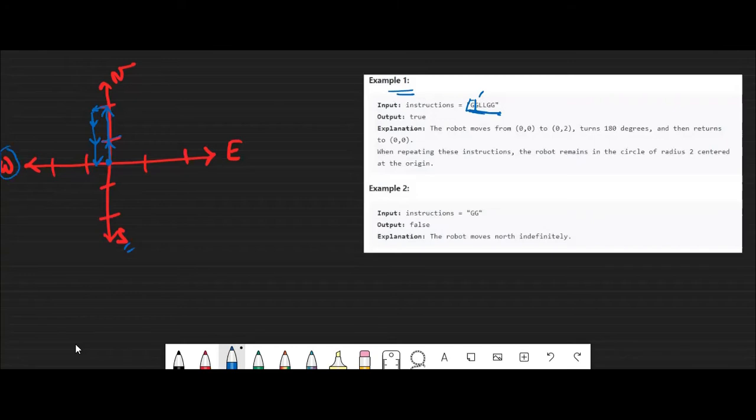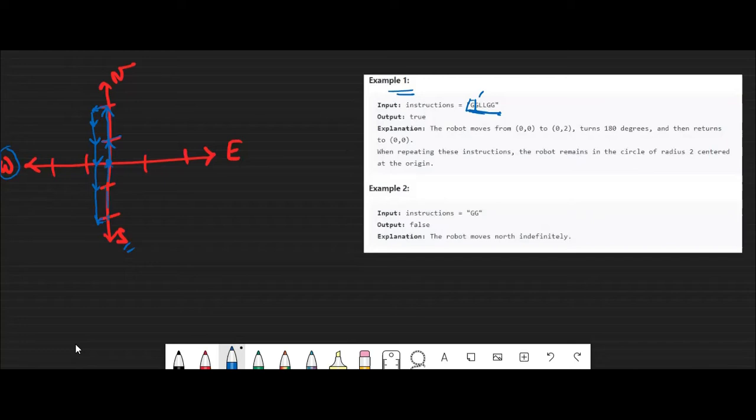Again it's going to repeat G, G, L, L, and G. So suppose I repeat this. Again G 1 unit, again G 1 unit, again it turns 90 degrees left, again it turns 90 degrees left. So this is my pointer right now. Again it's G and G.